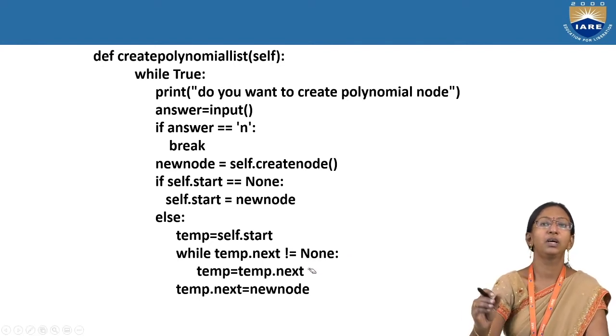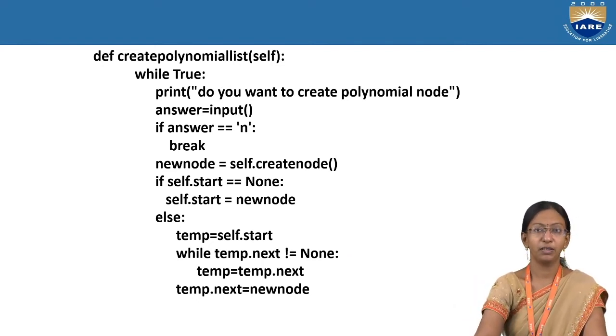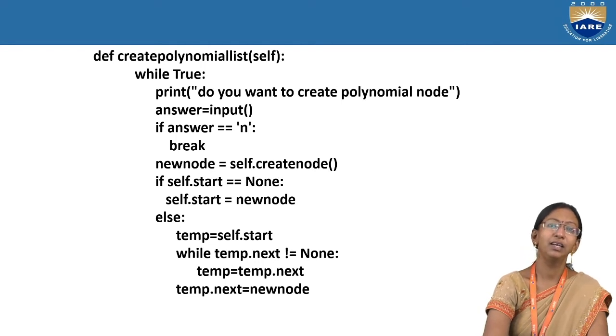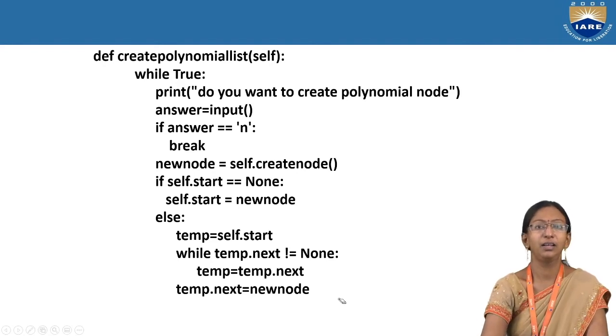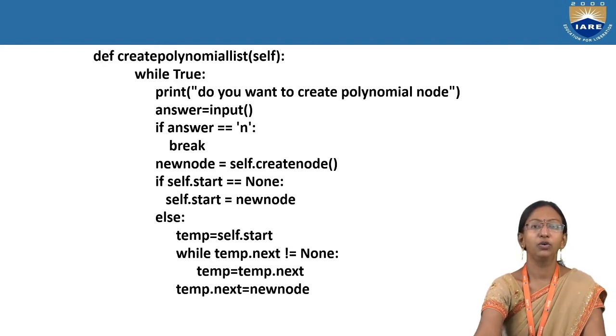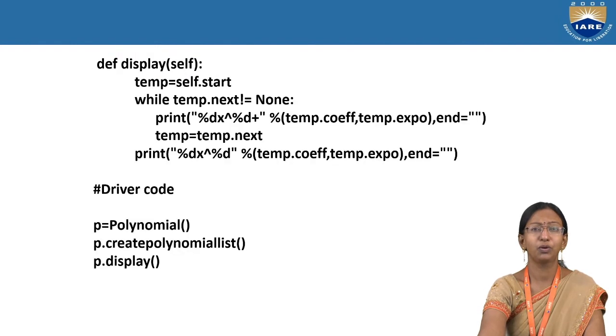Any node whose next part or address part is none tells that it is the last node. Once I reach the last node, it will hold the address of the new node. A new member in the chain gets linked to that. I hope you understood this piece of code.